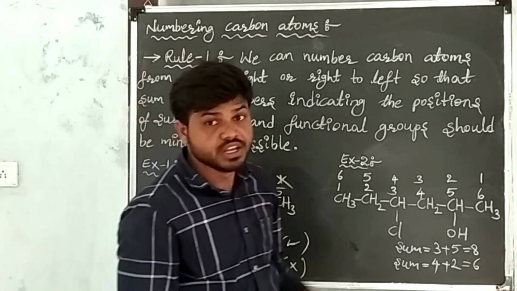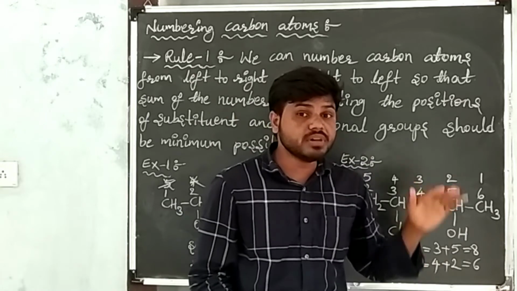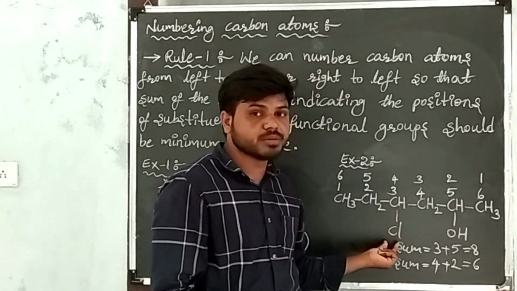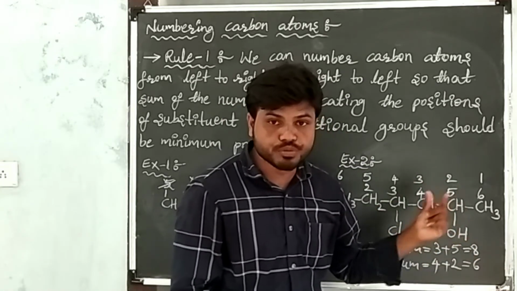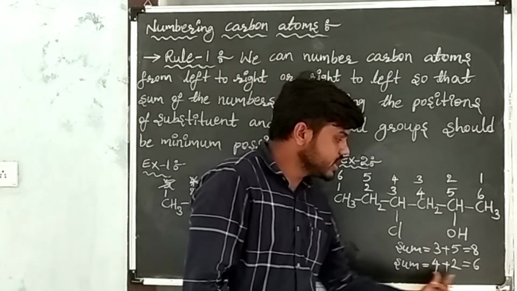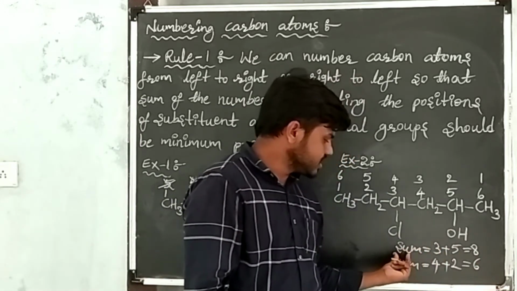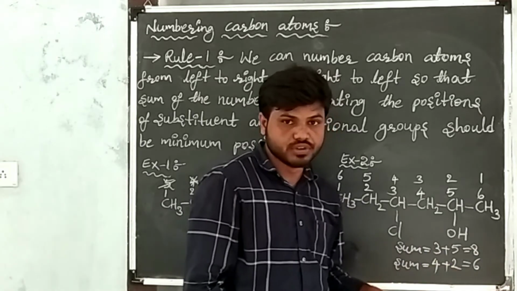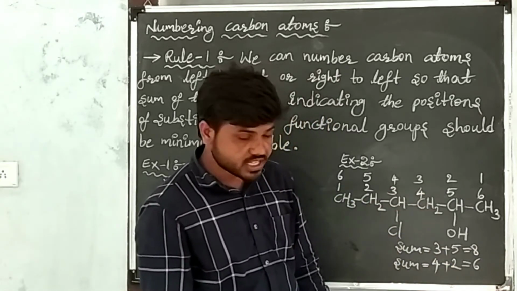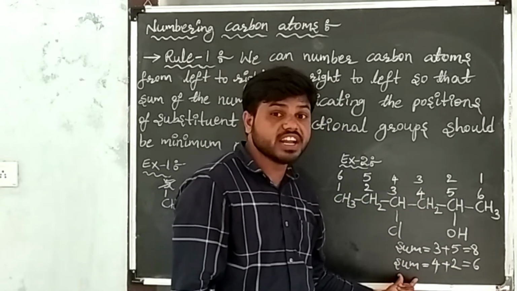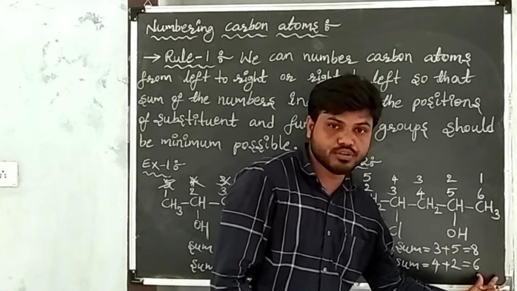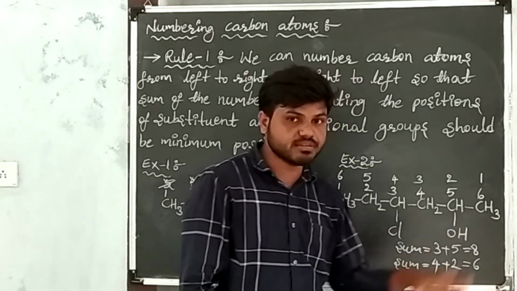According to rule 1, we require the sum of the numbers indicating the positions of the substituent and functional group to be minimum. In the second case we are getting the minimum sum; in the first case we are getting a big value.